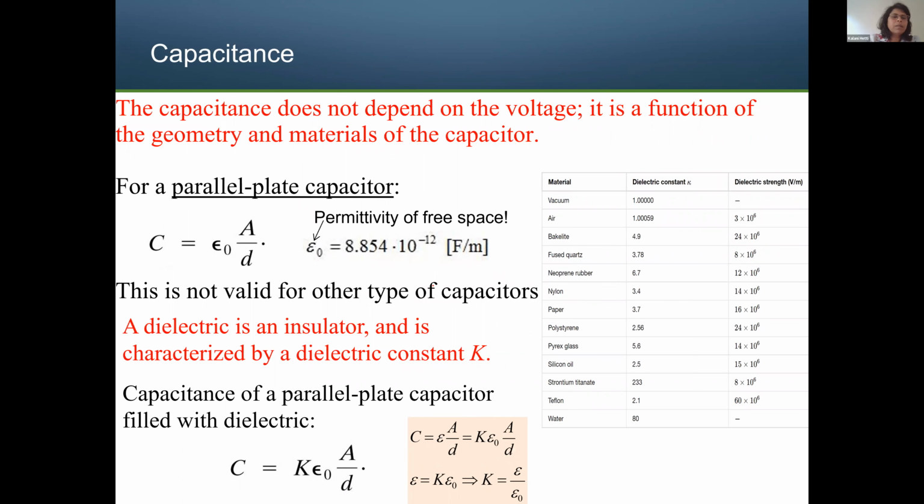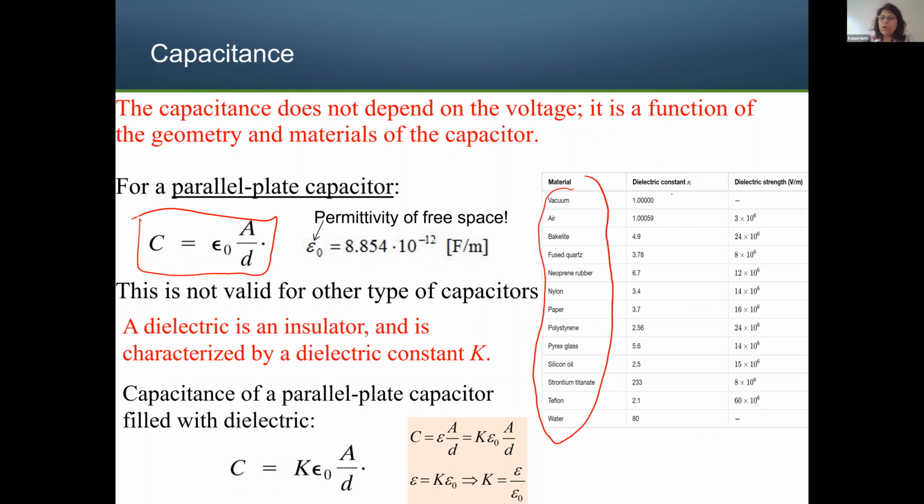So now C equals epsilon naught A over D, as we discussed. Epsilon naught is permittivity, that well-known number that we already know. But you see very important information: in between these two plates, you should have a material. If it is air, then you have epsilon naught only. But if you have different dielectric media in between these two plates, then you're going to see your dielectric constant come up in your formula.